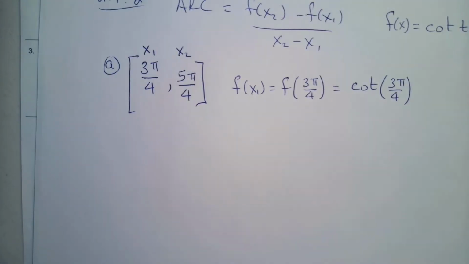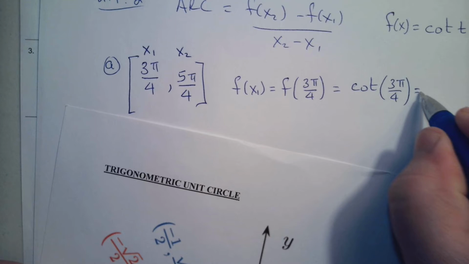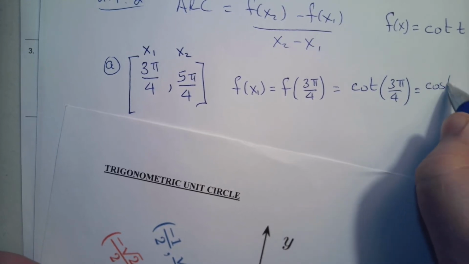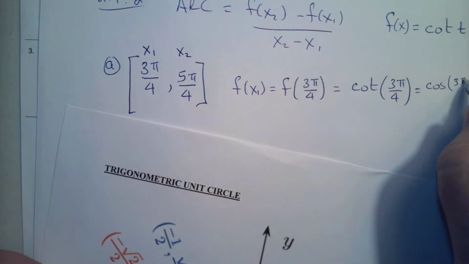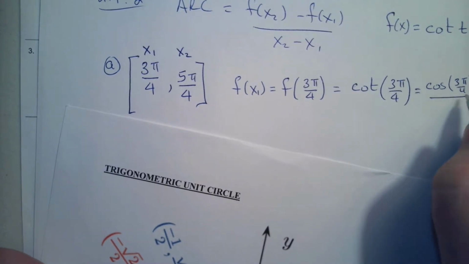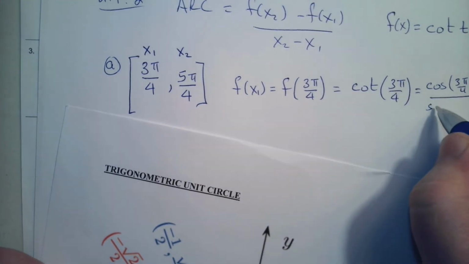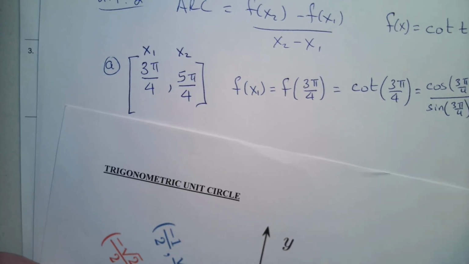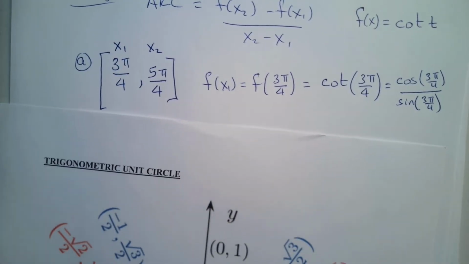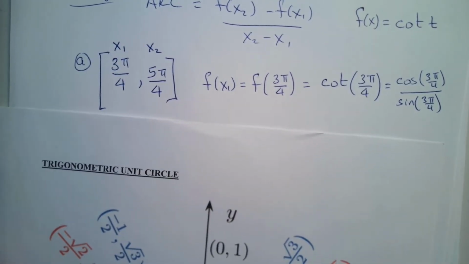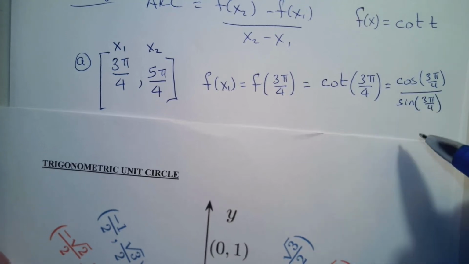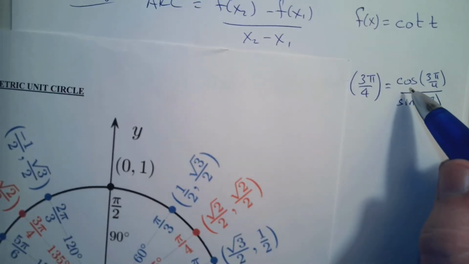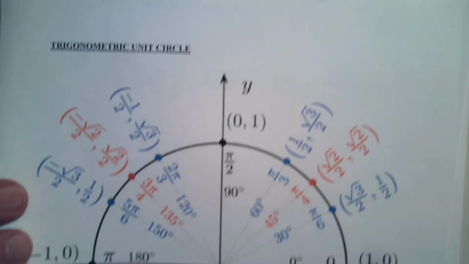So cotangent is cosine of 3 pi over 4 over sine. Cosine over sine is cotangent. In trigonometry, remember that cosine deals with the x-axis, sine deals with the y-axis.